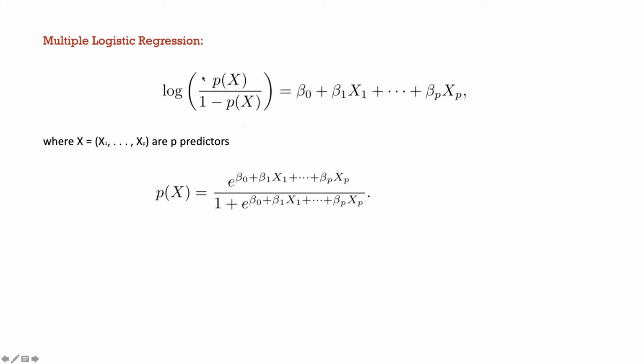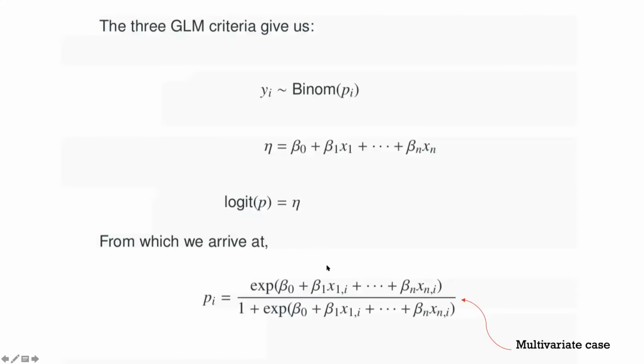We have the log of p(x) over 1 minus p(x) equal to our general regression, where x1 to xp are our predictors, or you can define p(x) as e to the power of your regression equation. Please keep these mathematical equations in mind, guys.